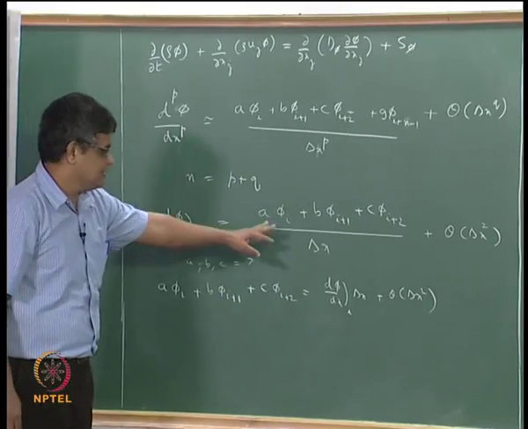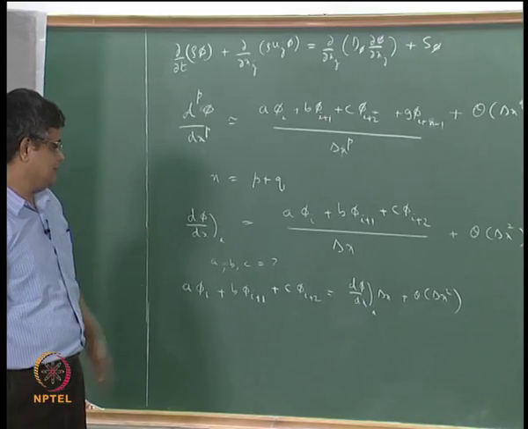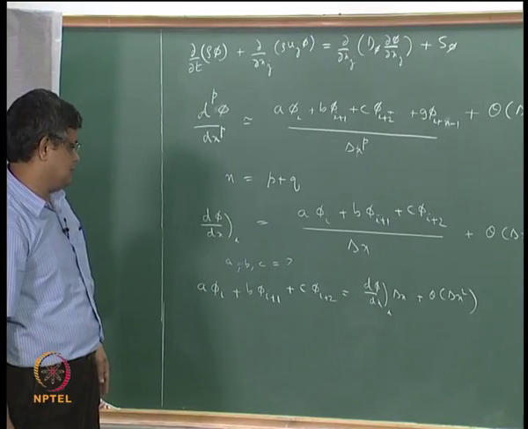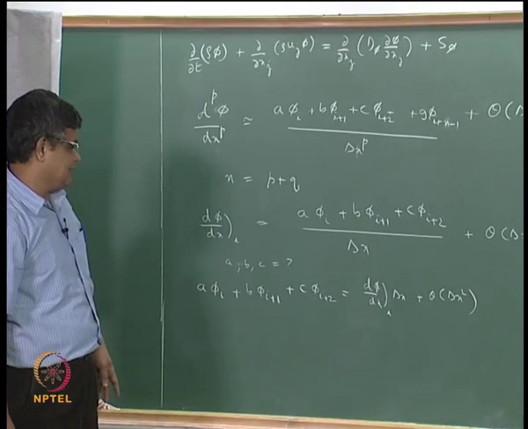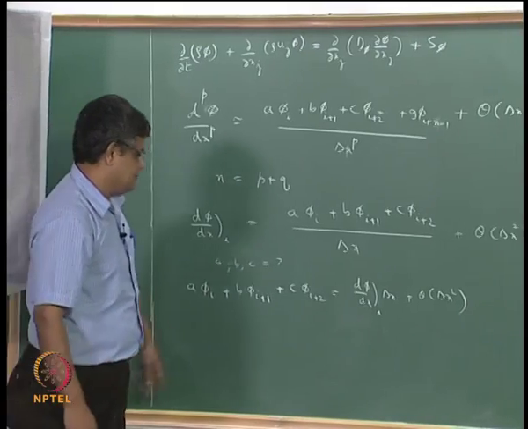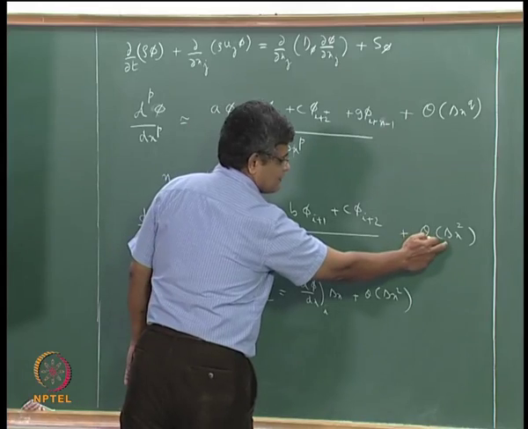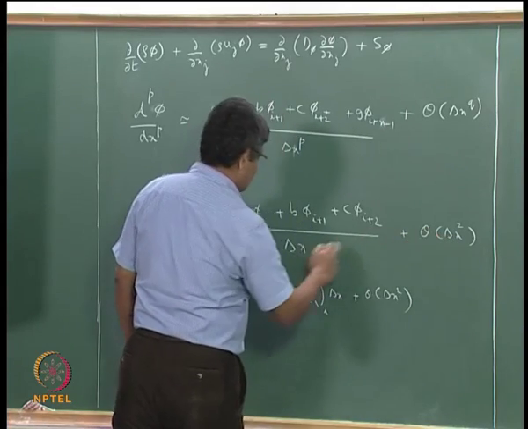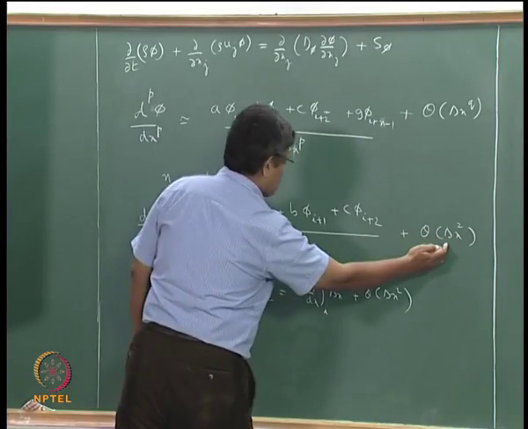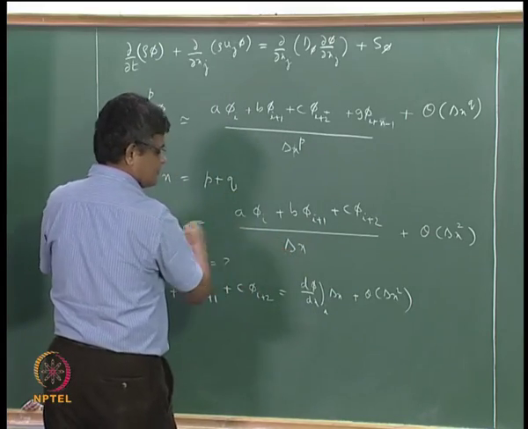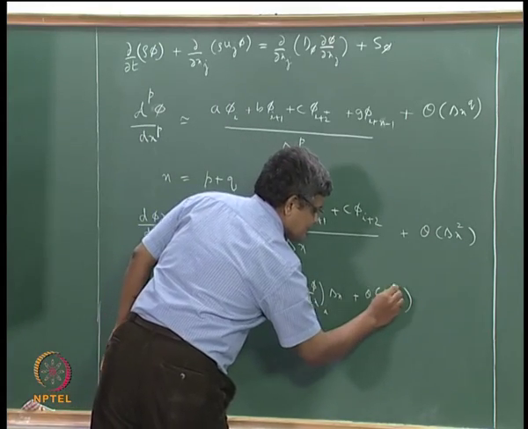This is nothing but a restating of this. We have put delta x here. So when we multiply terms of the order of delta x square with this, for example, we take this one here and multiply by this, we shall be getting delta x cubed.